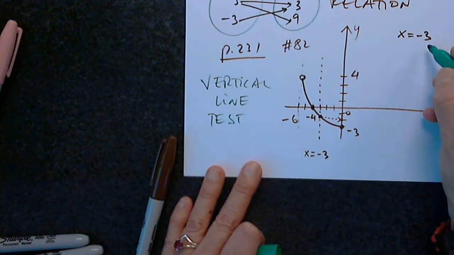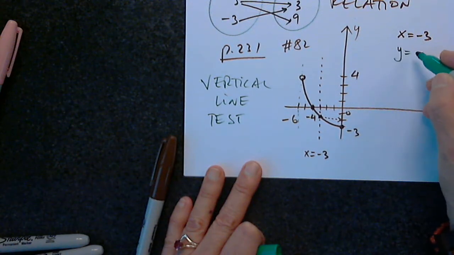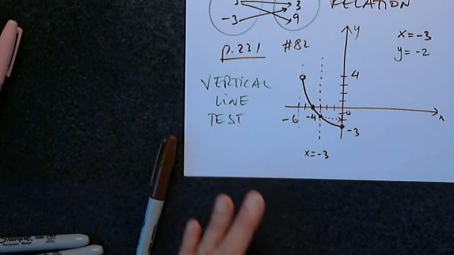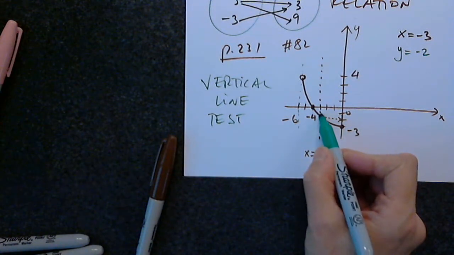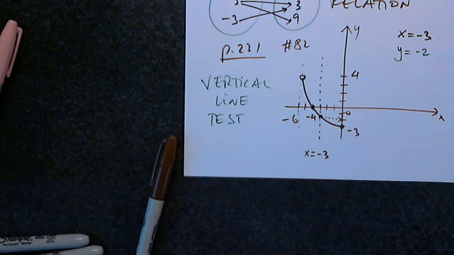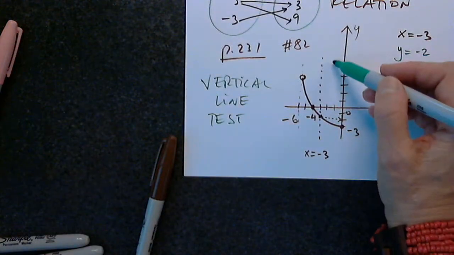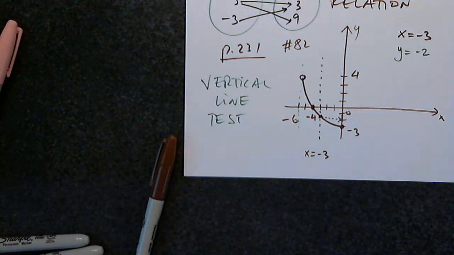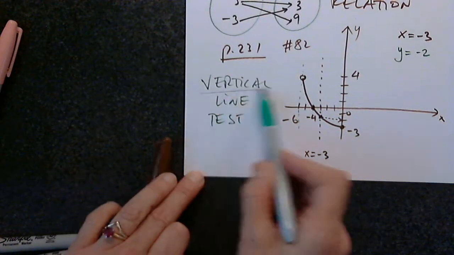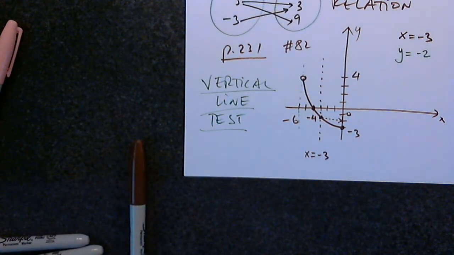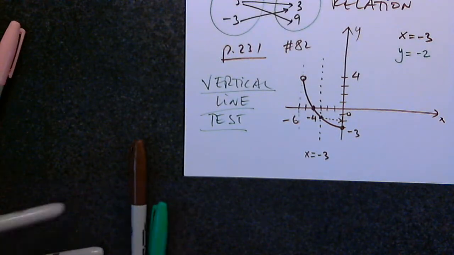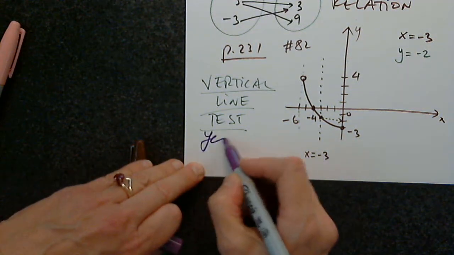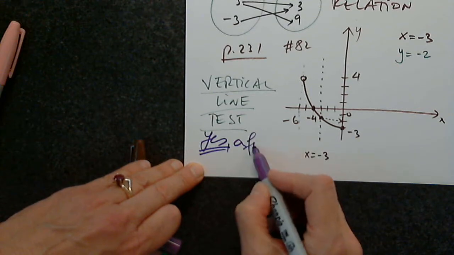When x equals -3, y is -2, because I'm reading from this point. For any other vertical line, I will be able to read only one y value. So by the vertical line test, do we conclude that this represents a function? Yes, a function.